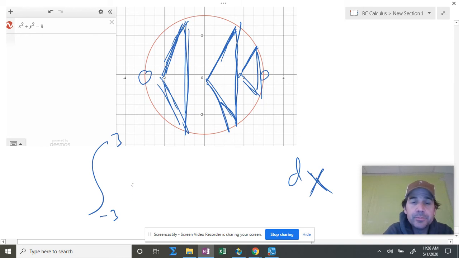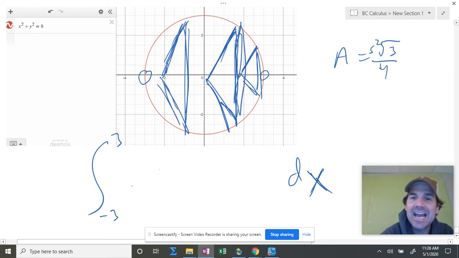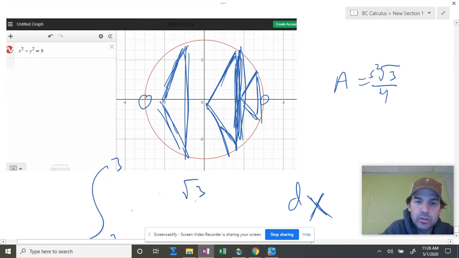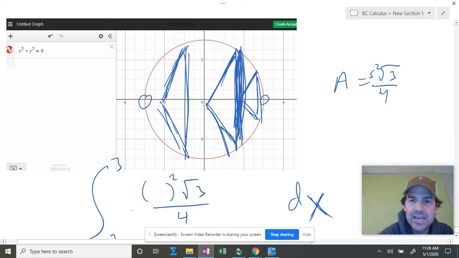And then this is the area of an equilateral triangle. The area of an equilateral triangle, if you don't remember, is s squared root 3 divided by 4. S is the entire side length. So I've got my root 3, I've got my divided by 4, and I want my s squared. My s squared is this entire distance.